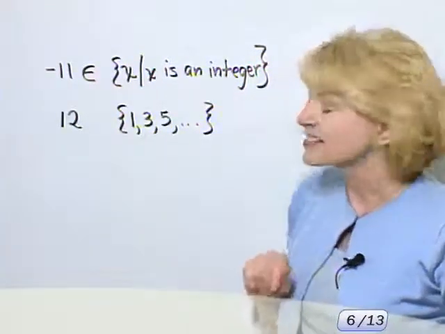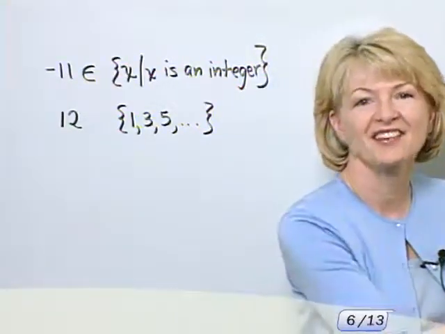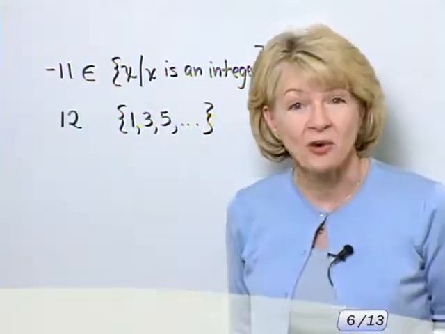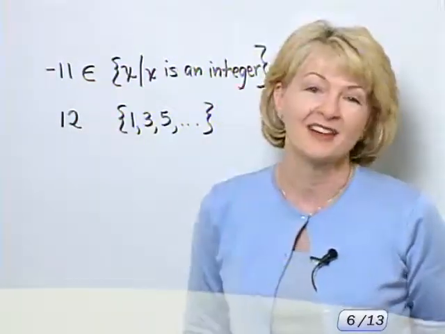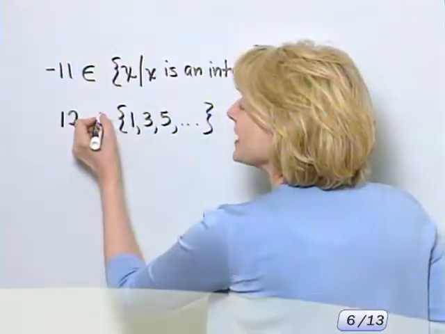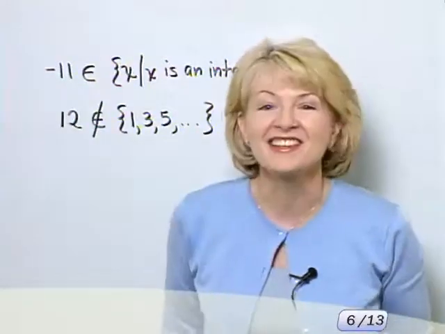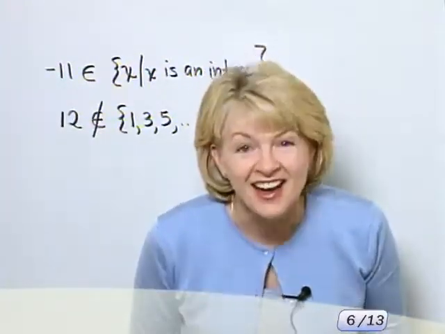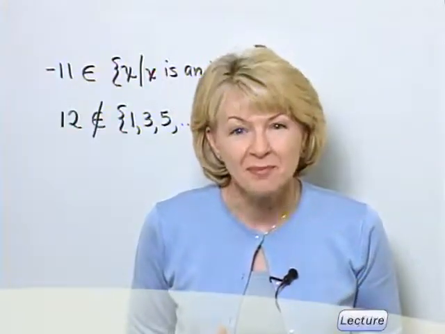So how does this continue? 1, 3, 5, 7, 9, 11, 13, and so on. These are odd numbers. So is 12 an element of this set? The answer is no. It is not an element. So we use that notation to show that it is not an element. So that's a little bit about common sets of numbers.